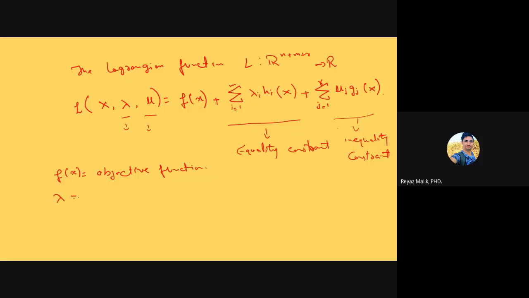So we will see what is lambda. Lambda will be the combination of 1 to m lambda. 1 to m lambda means what? Lambda 1, lambda 2, lambda 3, lambda 1 to m means lambda m, right?